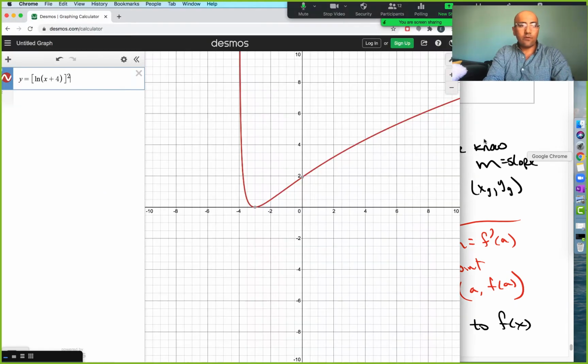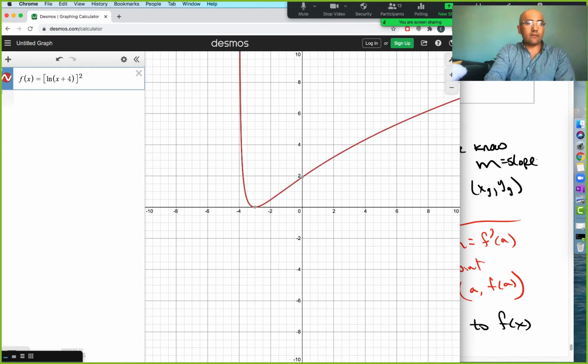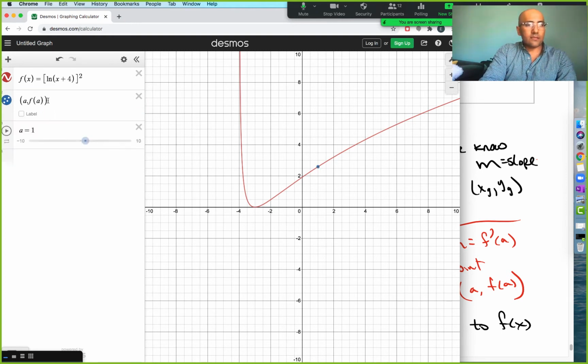Okay, so I'm just going to come over here and rewrite this as f of x. Nice and convenient, like that. So now I have f of x equals that, right? Then I can create a slider a, so that a equals, let's put a comma f of a, and then I'll create this as a little slider.